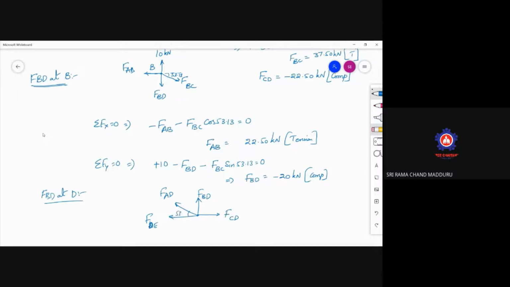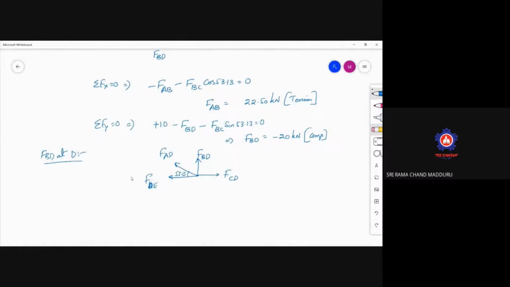This angle is 53.13. So sigma Fx is equal to 0 once again: minus FDE minus FAD cos 53.13 plus FCD equal to 0.